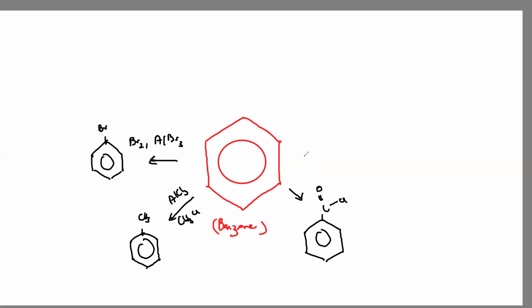If I need a benzoyl chloride, again I need AlCl3, the halogen carrier, and it's easy to remember, it should be with a carbon chain. So CH3COCl will be there. This will be substituted. As you can see here, in CH3Cl, the Cl was substituted. That will produce a benzoyl chloride.